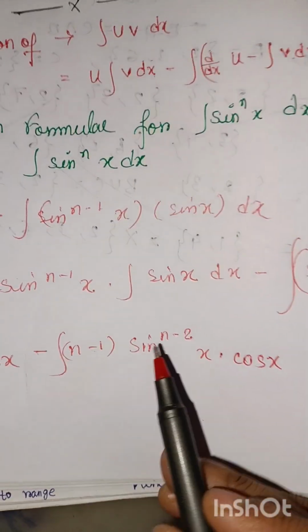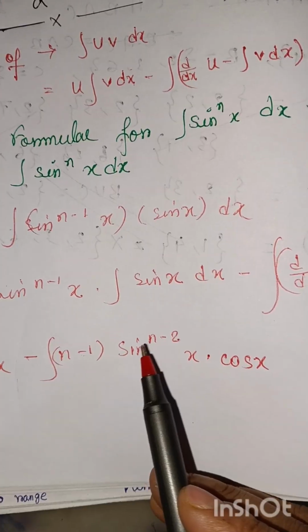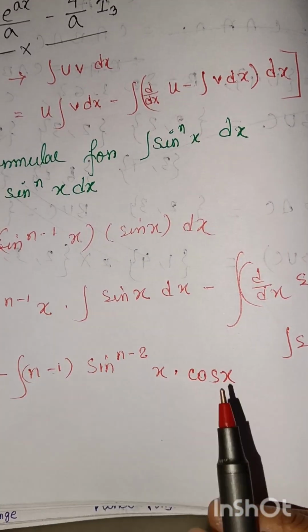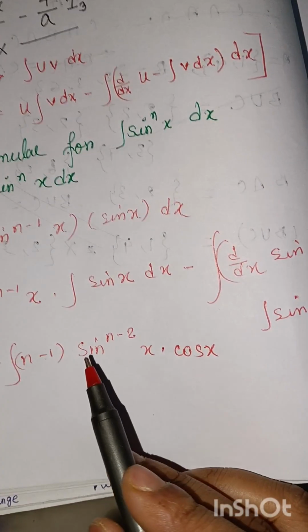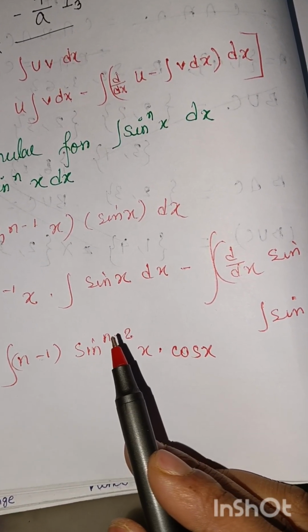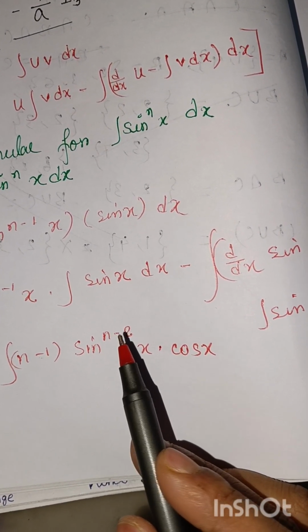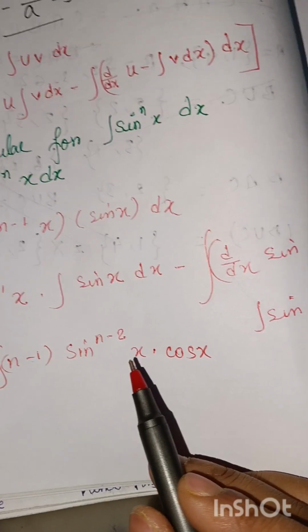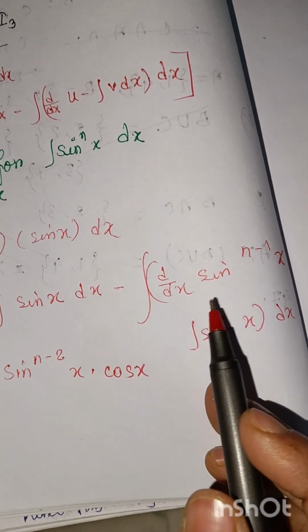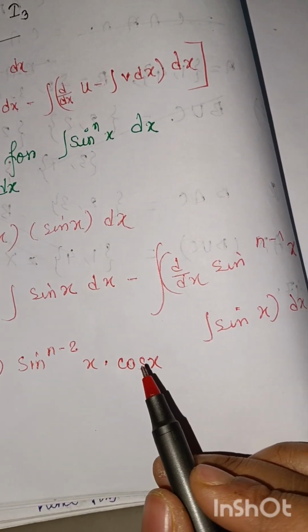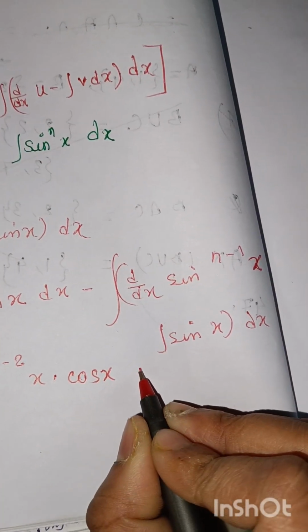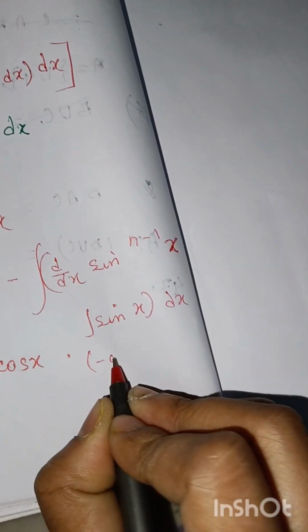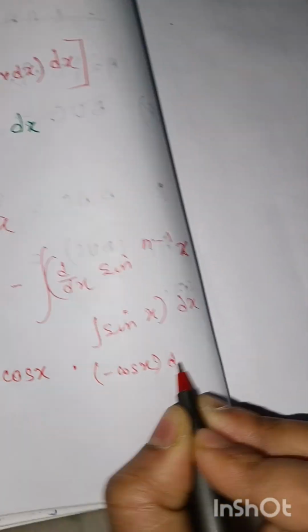For x to the power n we use n into x to the power n minus 1 into the derivative of x. So for n, that is n minus 1, and x to the power n minus 1, minus 1 gives n minus 2, and this is not x, it is sine x. The derivative of sine x is cos x. Simple. And the integration of sine x we all know is minus cos x dx.